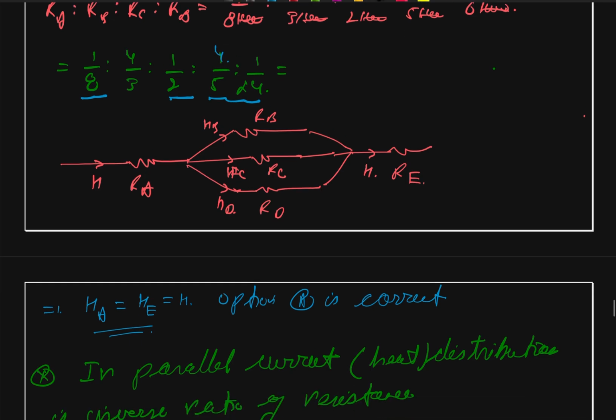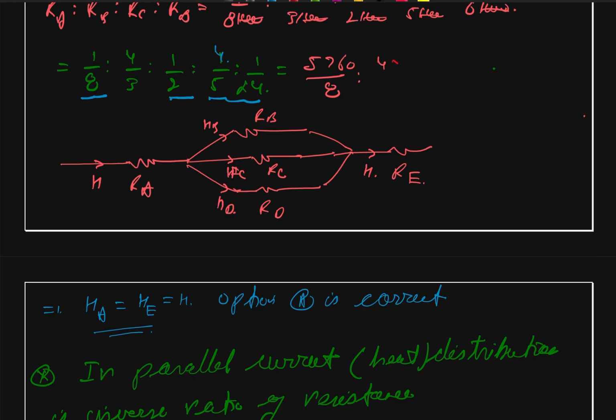Let me calculate the ratio actually, otherwise it won't help much. It will take time, but not a big issue. We can find out our 8 into 3 into 2 into 5 into 24. This comes as our 5760 divided by 8.